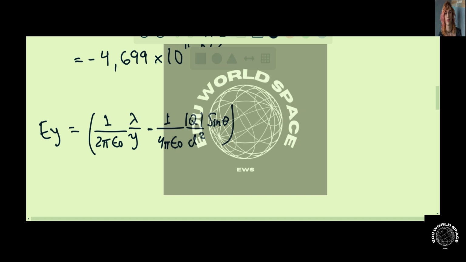So we know all of this, and this is 2 times the Coulomb's constant times the given value for the linear density, which is 2.5 coulombs per meter.